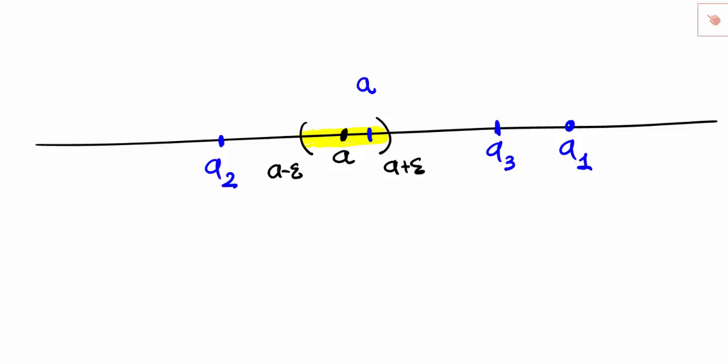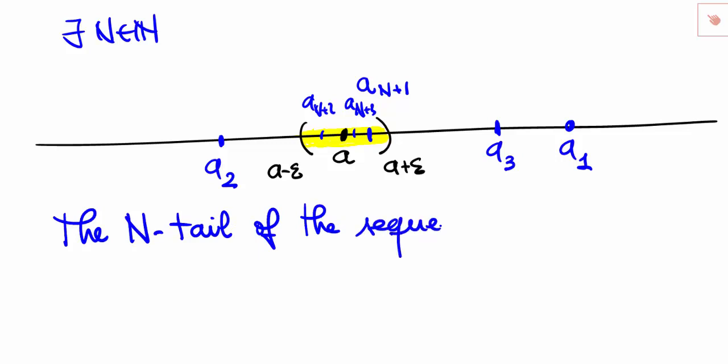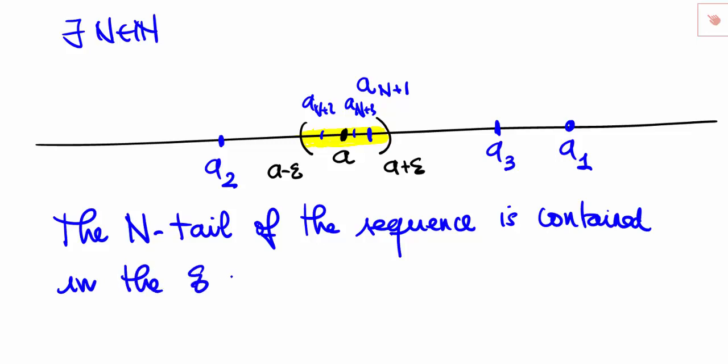So there exists a natural number N, such that a_(N+1) will be here, a_(N+2) will be here, a_(N+3) will be here. Essentially, the Nth tail of the sequence is contained in the epsilon neighborhood of A.